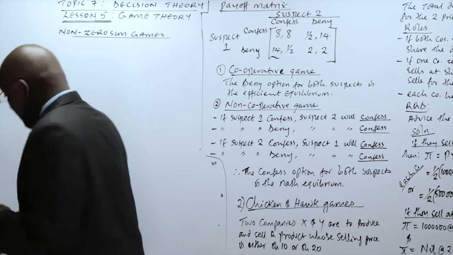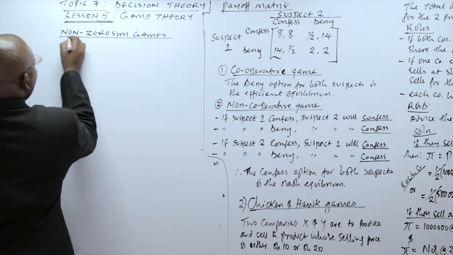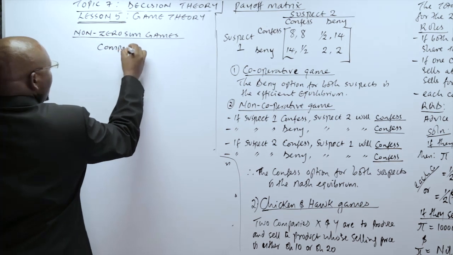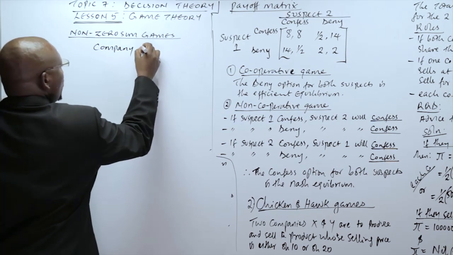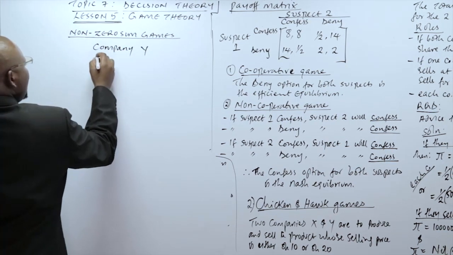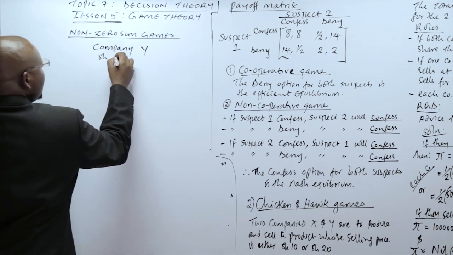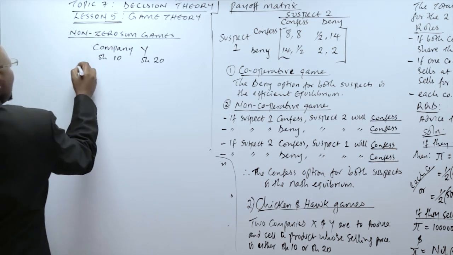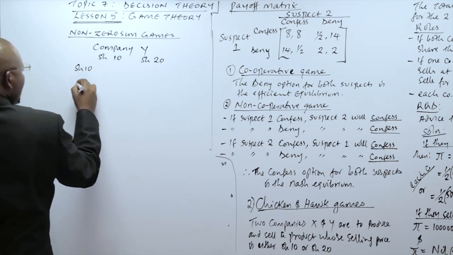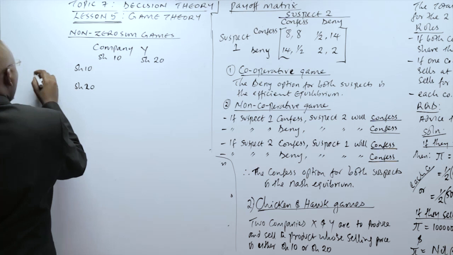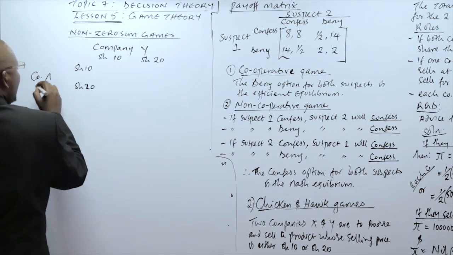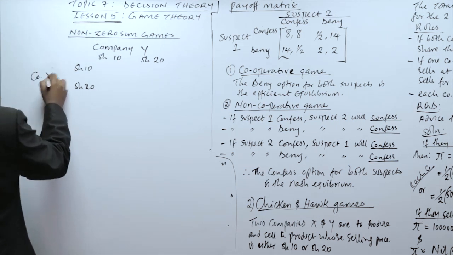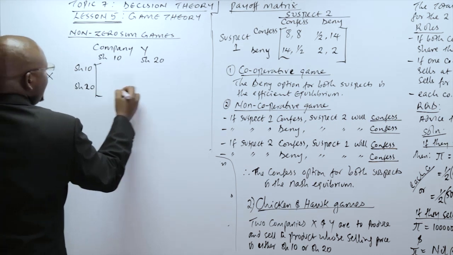So we'll have this way. This is company Y. So we have shillings 10, shillings 20, then shillings 10 and shillings 20 for company X, sorry. We have two companies, X and Y. Now this is my payoff matrix.